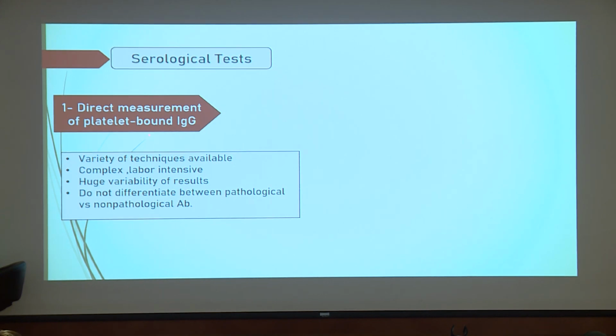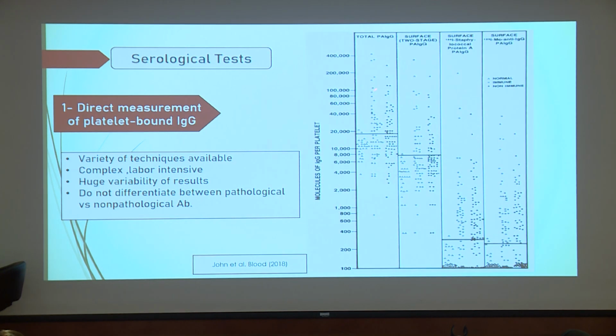Serological tests: there are many direct measurement ways of platelet-bound antigen, like ELISA assay, but the problem is that we have a variety of techniques available, complex and labor intensive, with huge variability of results, and it does not differentiate between pathological and non-pathological antibody. It counts the total antibody in the patient's sera, and also the bound platelet, and also from the eluate of platelets.